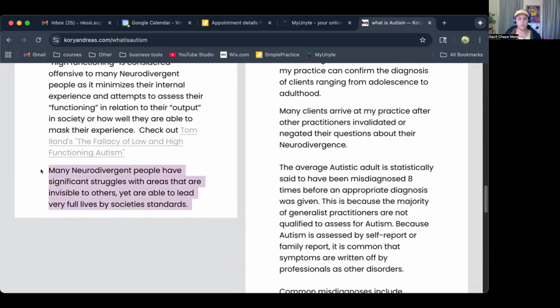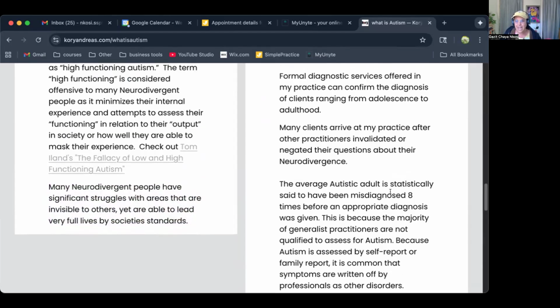And we're recognizing more and more that the presentation of autism can be really different across the board. And that for many folks, many of their challenges are invisible. And so we never want to say how functioning someone is because we don't really know what their internal landscape looks like.